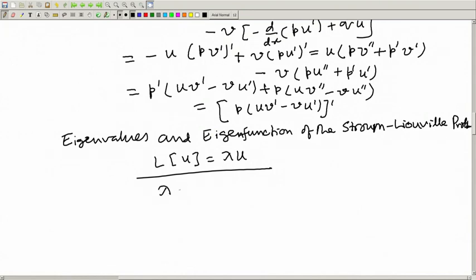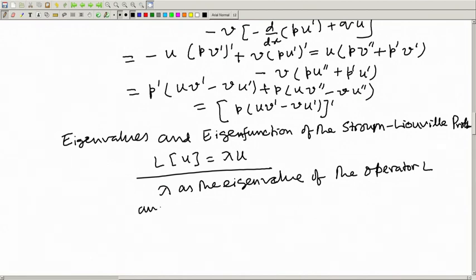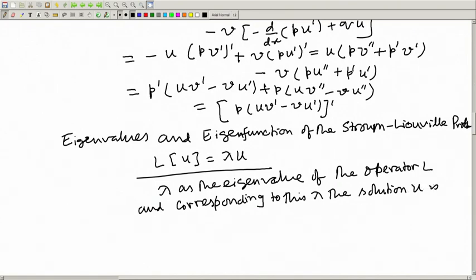So we call this lambda the eigenvalue of the operator L, and corresponding to this lambda, the solution u is called the eigenfunction.